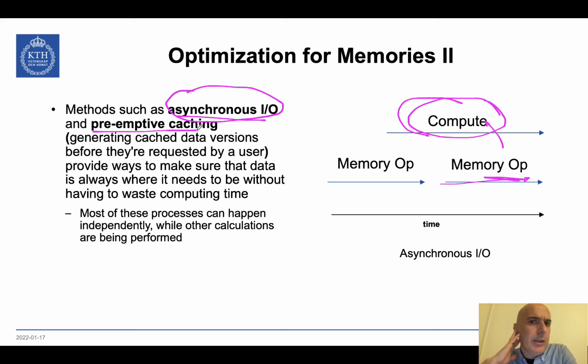So for instance, many frameworks for machine learning, deep learning like TensorFlow, provide a software cache that can be filled. If there is certain data that we know that we're going to reuse, we can just cache it in this software. So this caching mechanism, also software, provides ways to make sure that the data is always where it needs to be, without having to waste some computing time to move data back and forth.